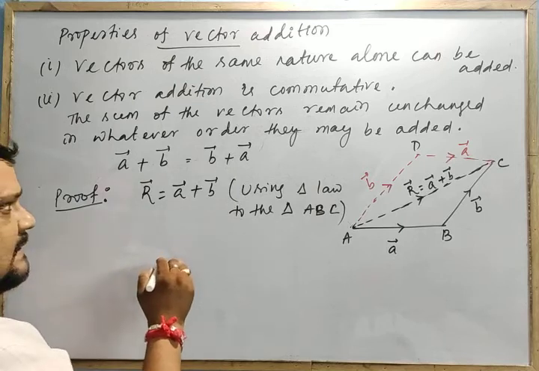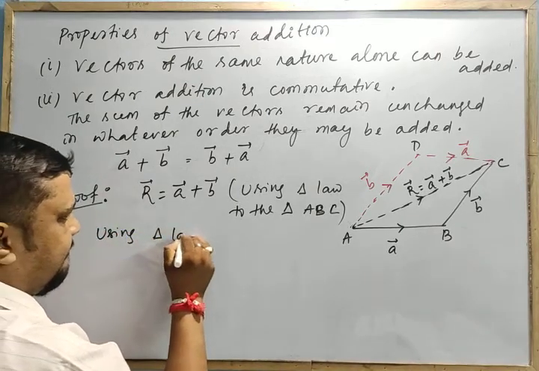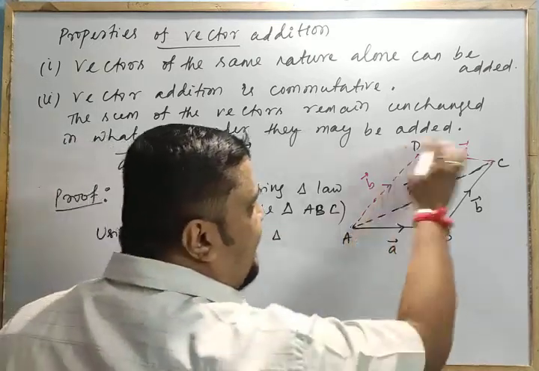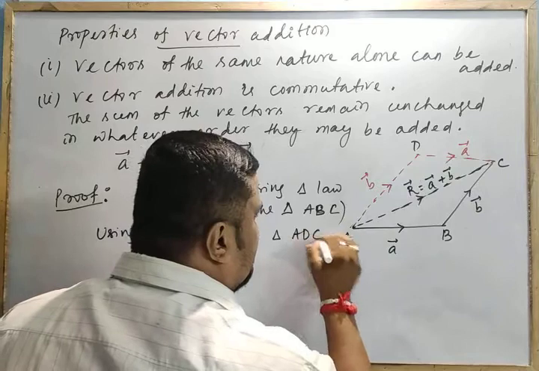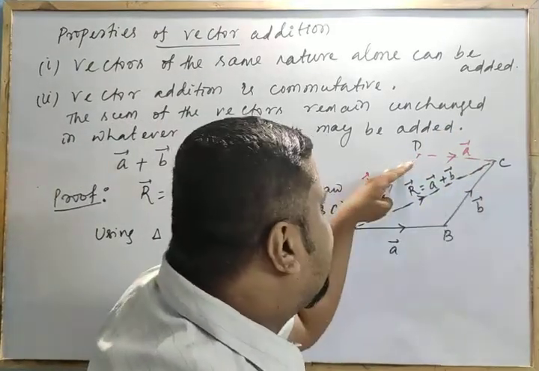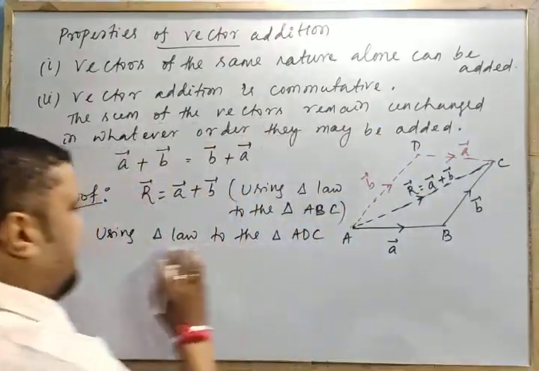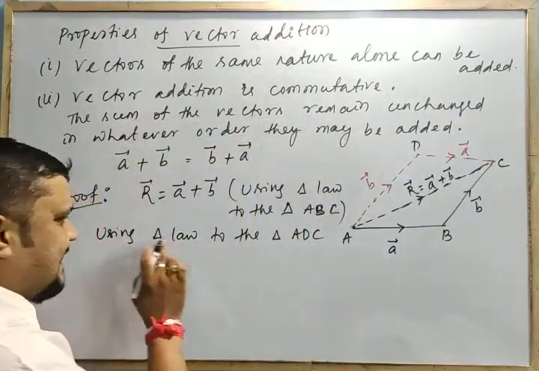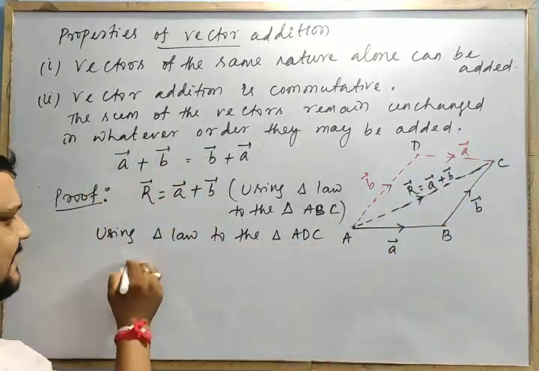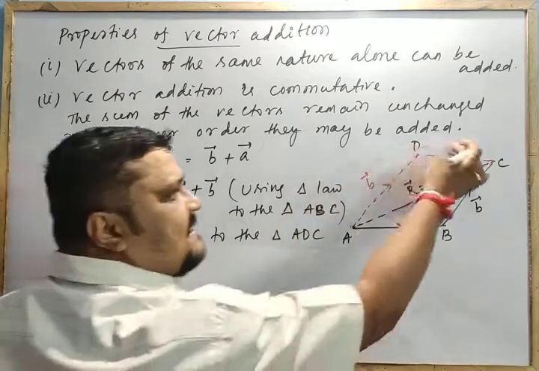Next, using triangle law to the triangle ADC. ADC is made by the same B vector placed here, and the same A vector parallel shifted here. So this is the triangle. Using triangle law to the triangle ADC, what is the resultant? R, because they are in the same order.